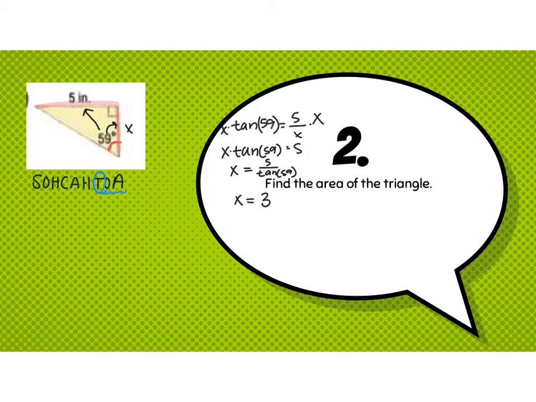Now we can recall that the area of a triangle is 1/2 base times height. So I have 1/2 times 5 times 3. 1/2 times 5 is 2.5 times 3 is 7.5 units squared is our area.